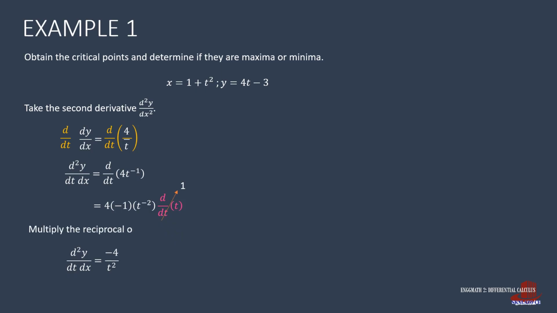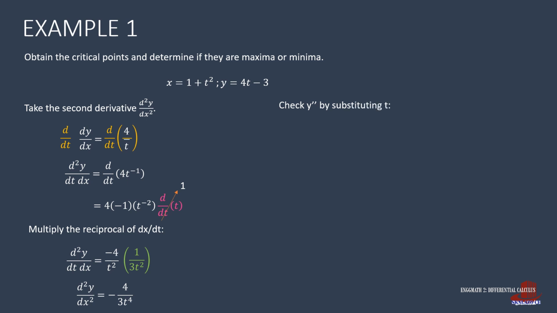Now eliminate dt and adjust dx by multiplying it by the reciprocal of dx over dt. We just computed dx over dt as 3t squared, so take its reciprocal of 1 over 3t squared and multiply it to the derivative. This then is simplified as negative 4 over 3t raised to 4.